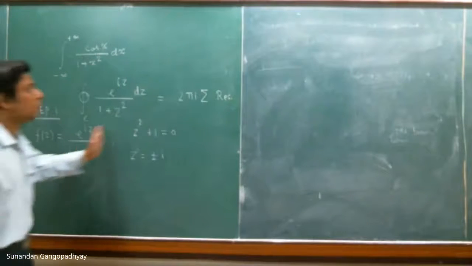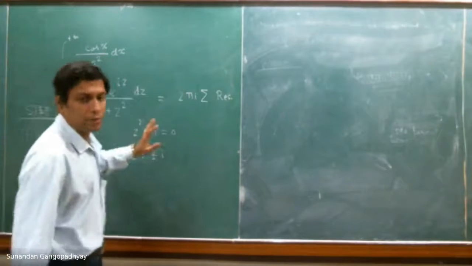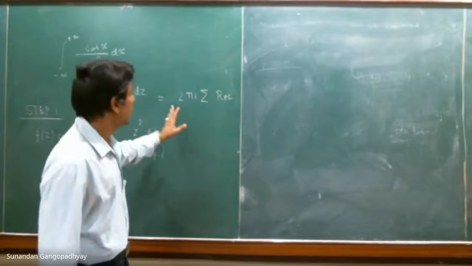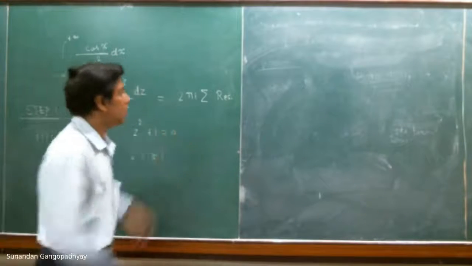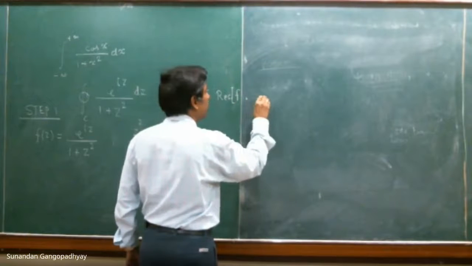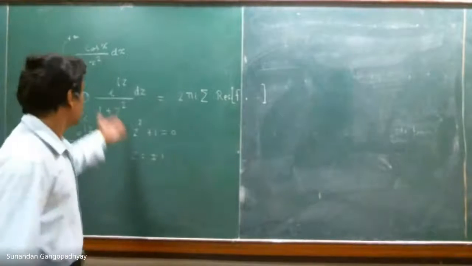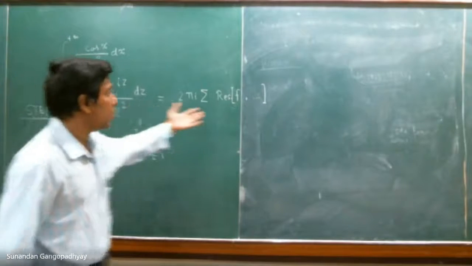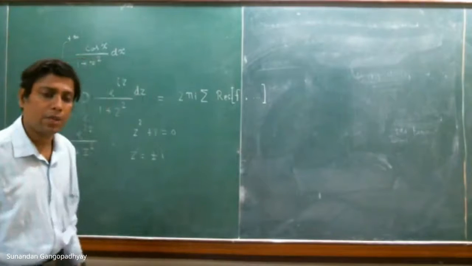This is our Cauchy residue theorem. The closed contour integral of some function of a complex variable is equal to 2 pi i times the summation over residues evaluated at the poles of the function f. If there are no poles, that means the function is analytic, so the residue is 0, and therefore the contour integral of f of z dz is equal to 0.